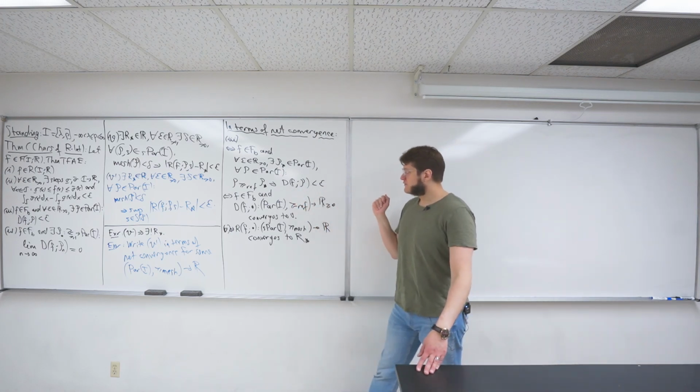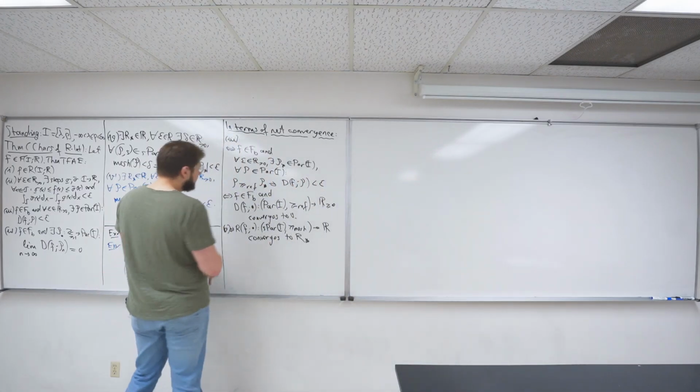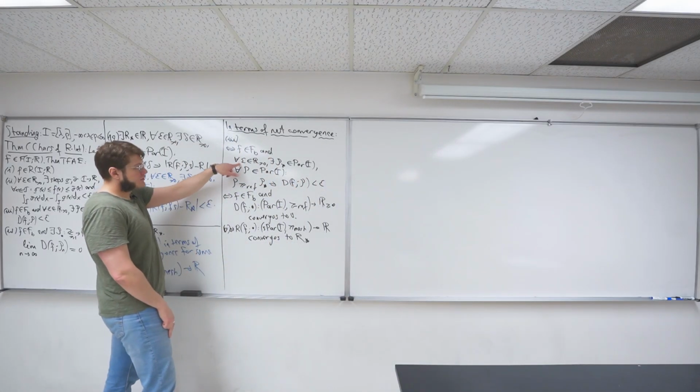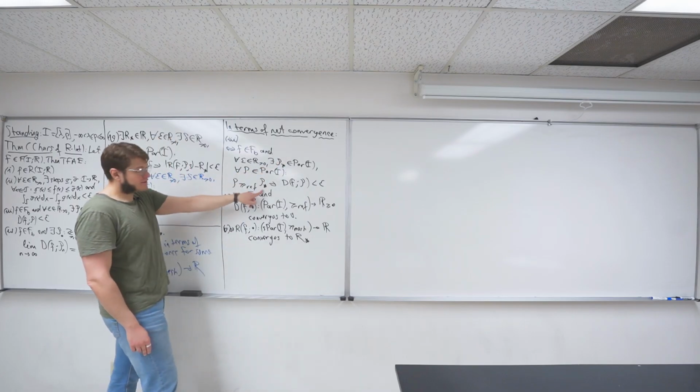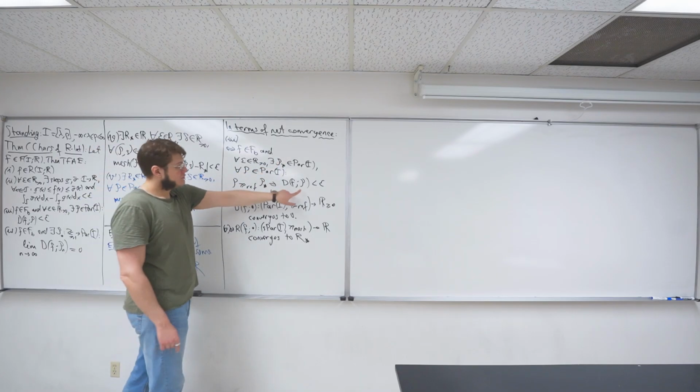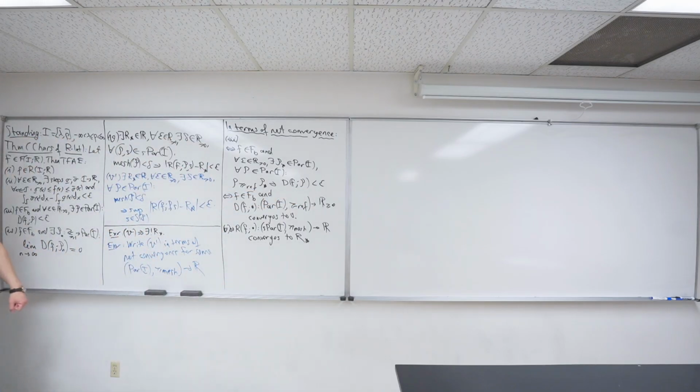Now let's read this by thinking of partitions as times. All I'm saying is that for any epsilon, there's a time p star such that for any time after p star, the Darboux aperture is bounded by epsilon.